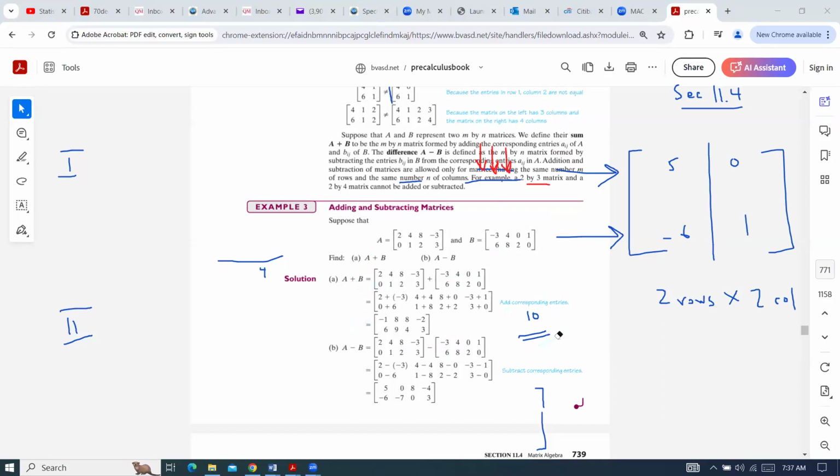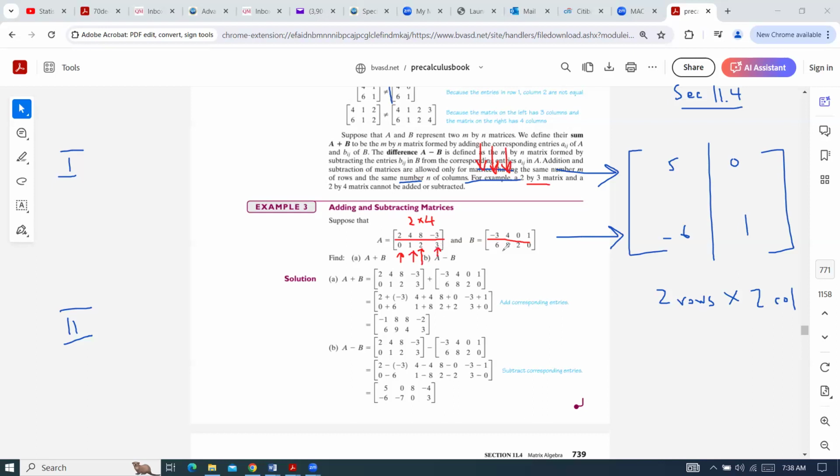And what will be their size? Well, looks like both matrices A and B here have 2 rows, right? Same here, 2 rows. And columns, looks like there are 4 of them, right? Because in each row we have 4 entries.